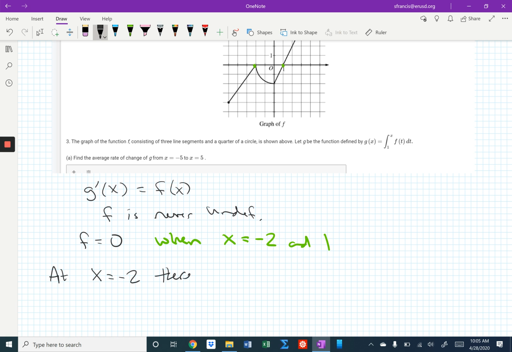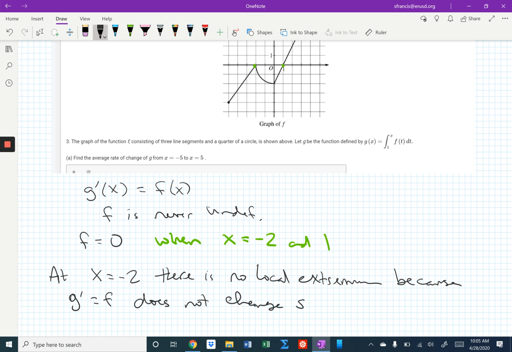So you'd say there is no local extremum, or you could just say min or max, and just say because g prime, which equals f, does not change signs at x equals -2.